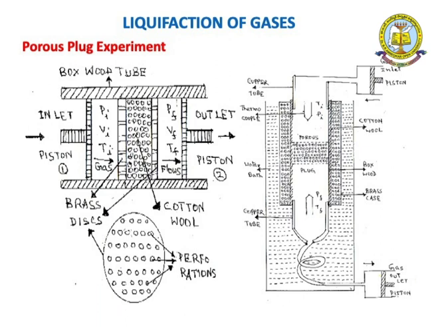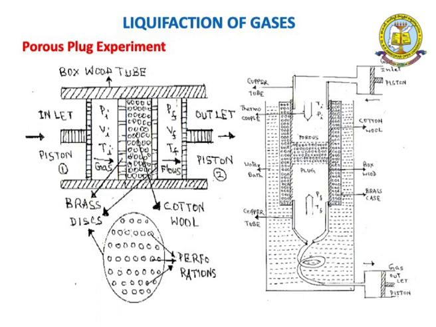If the piston on the left hand side moves slowly, the gas escapes through the porous plug from left to right.